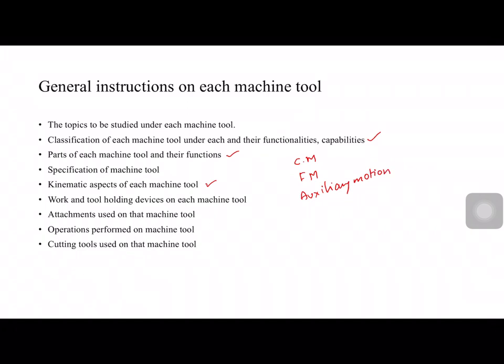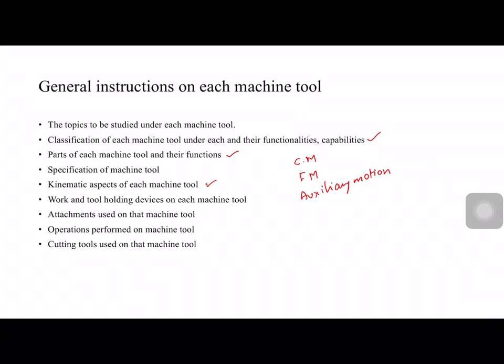Whenever we are handling the things related to the kinematic aspects, the first thing you need to understand is, we are placing a motor somewhere on the machine tool. What is the motor doing? The motor is giving the rotary motion, mechanical power. And this rotary motion has to be utilized in order to create the relative motion between the cutting tool and the work part.